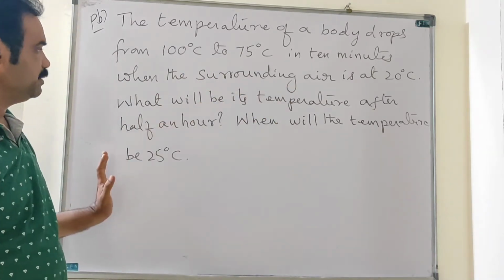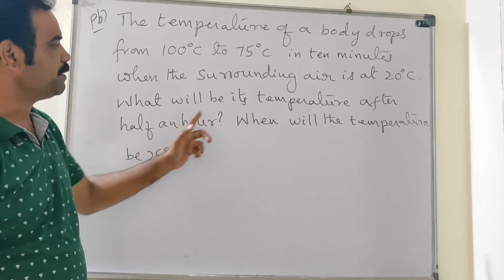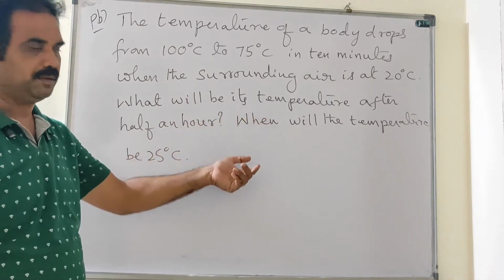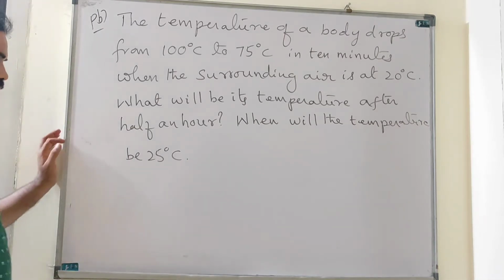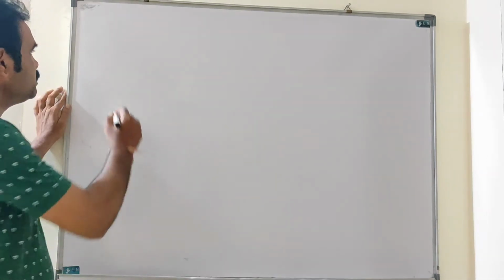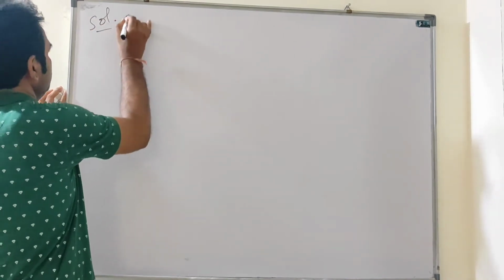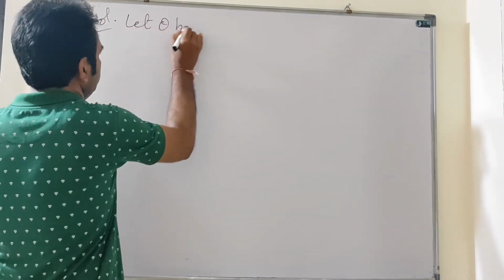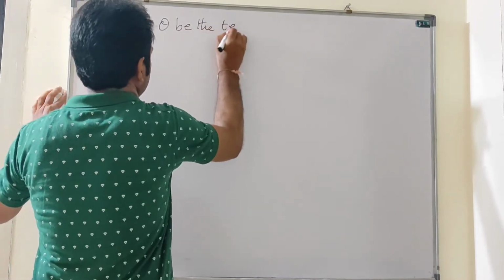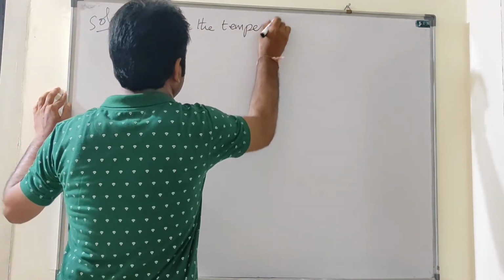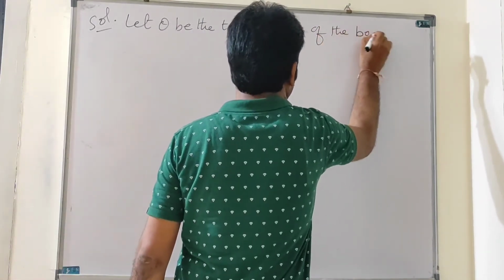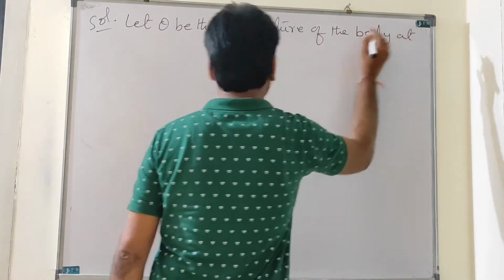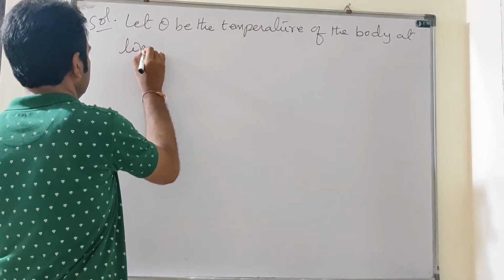What we have to find here: what will be its temperature after half an hour, and when will the temperature be 25 degrees Celsius? Okay, see the solution. Let theta be the temperature of the body at time t.